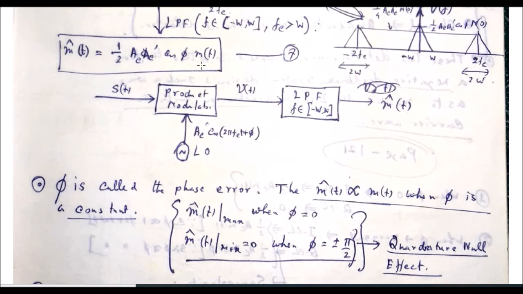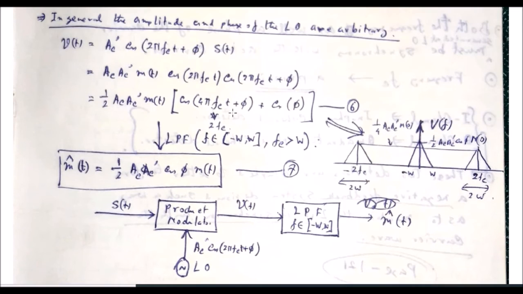See that this particular thing which I have discussed is shown here by the block diagram. It is the input s(t), that is the modulated DSB-SC signal. It is a locally generated carrier which has phi amount of phase difference with the transmitted carrier.